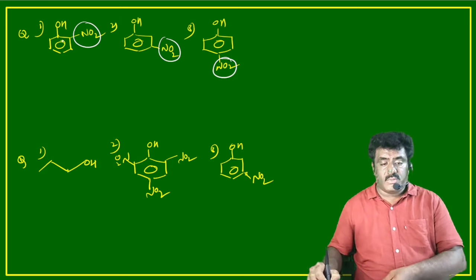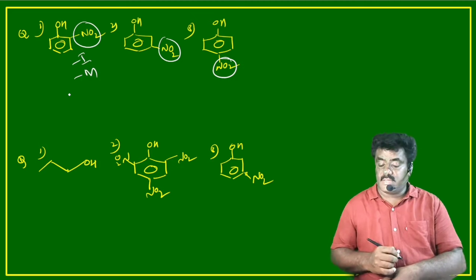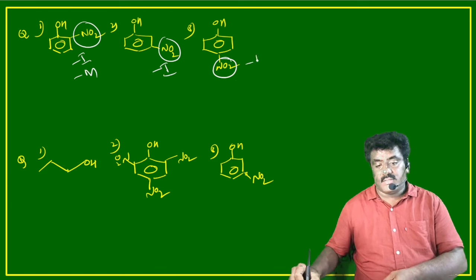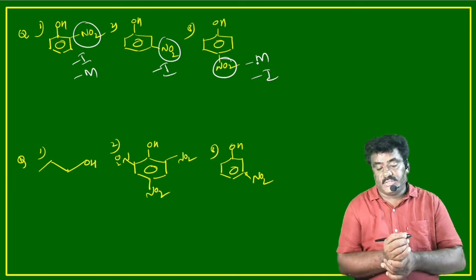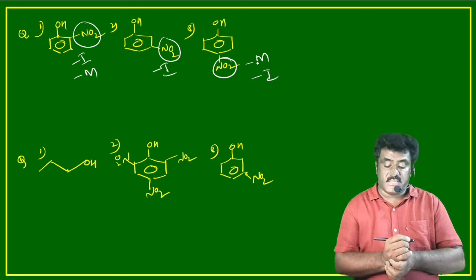NO2 has a minus inductive and minus mesomeric effect. The negative inductive effect is directly proportional to acidic strength.